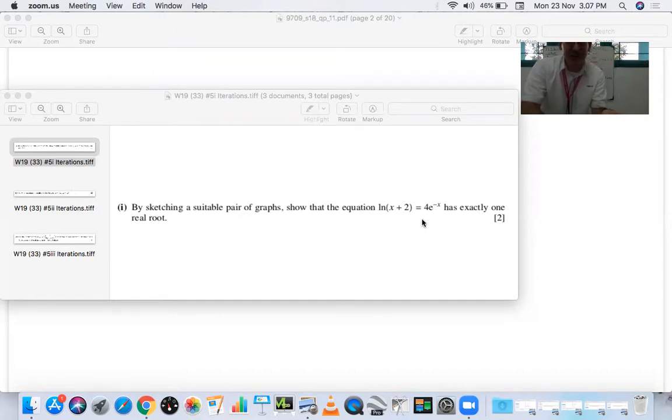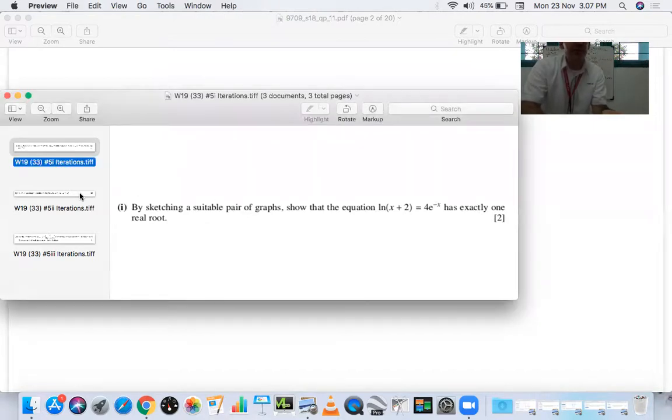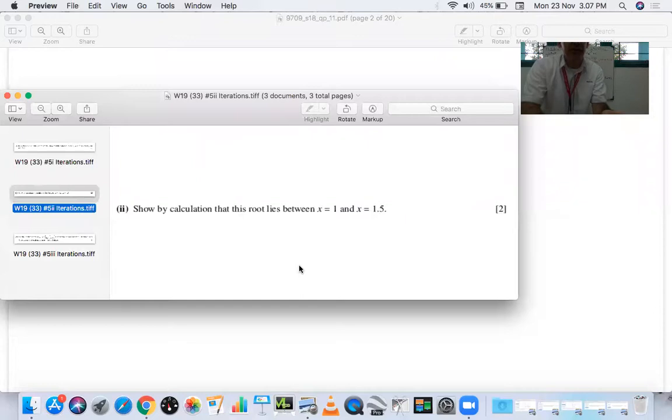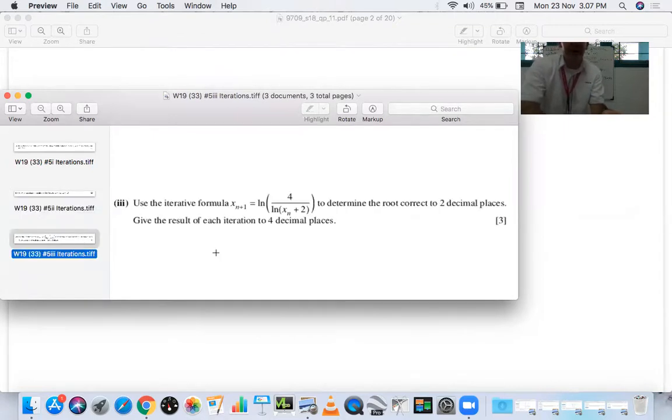And they're going to intersect at a particular point. Then it wants you to show by calculation that this root lies between 1 and 1.5. And then it says, using the iterative formula, they provide it for you to determine the root correct to 2 decimal places, give the result to 4 decimal places.